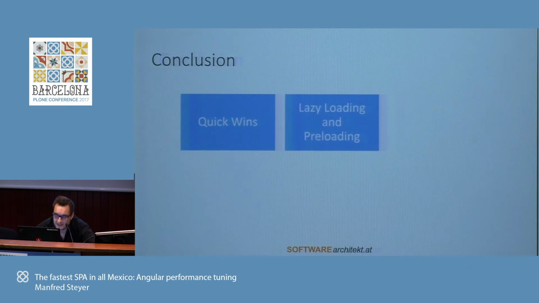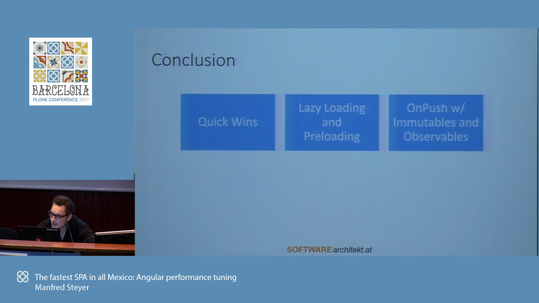You can leverage lazy loading and preloading to get better startup performance. You can leverage OnPush and immutables as well as observables to improve the data binding performance. You can go with AOT and tree shaking to get better startup performance.